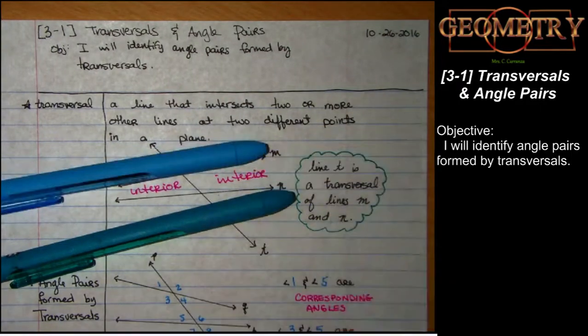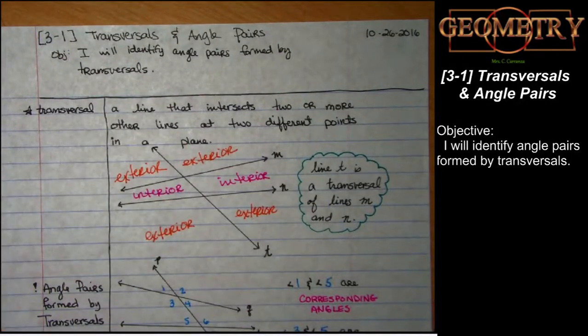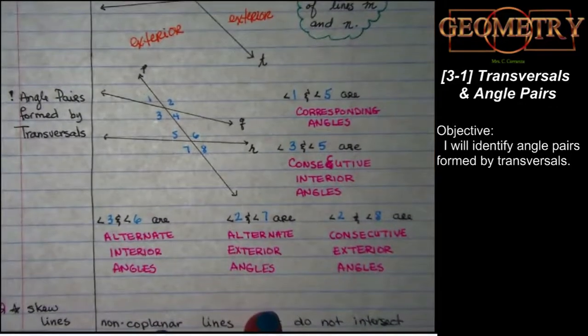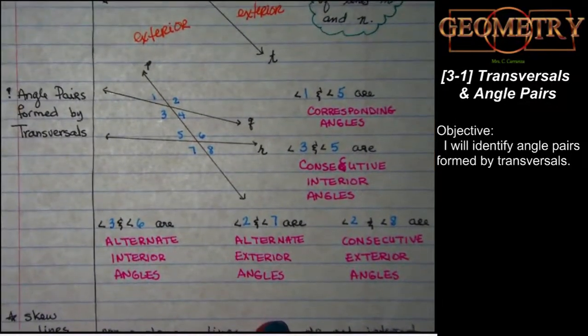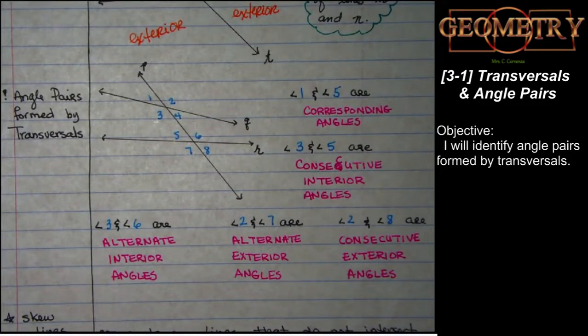And this idea of interior, inside, and exterior, outside, will help us to identify the different angle pairs that we need to look at. So let's take a moment to do that. Let's look at these angle pairs that are formed by a transversal, and let's try to get an idea of how these angles are formed, and you can add little side notes to yourself.